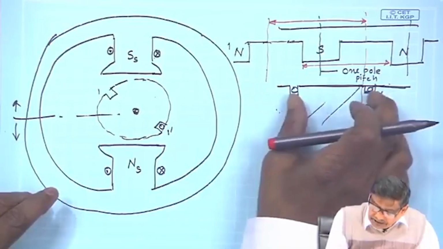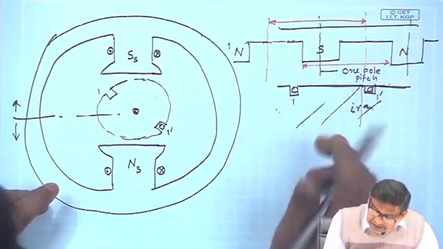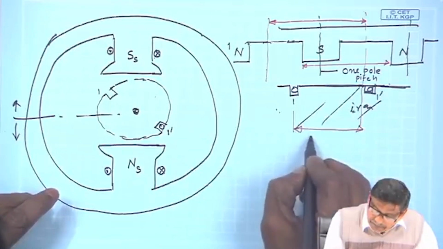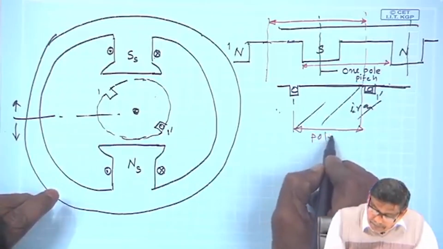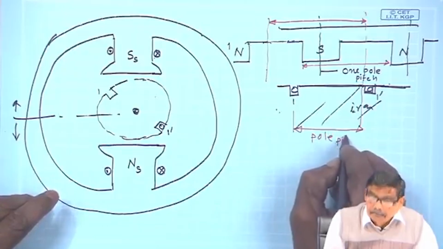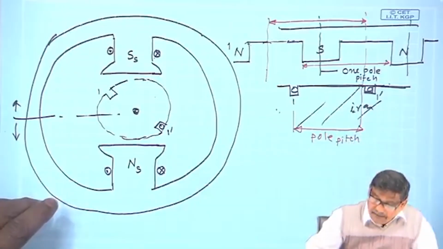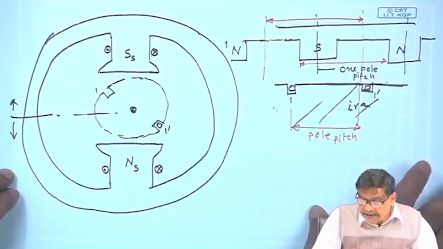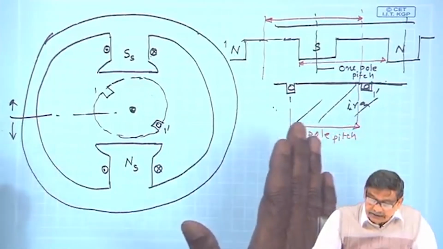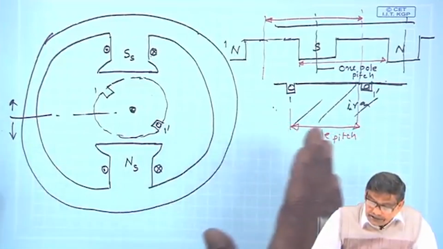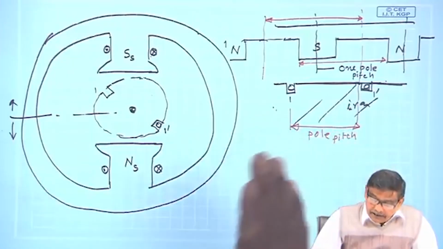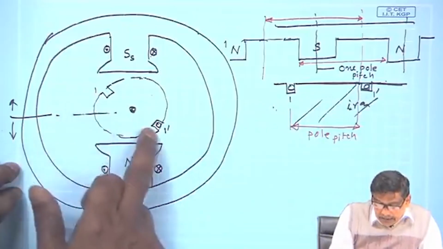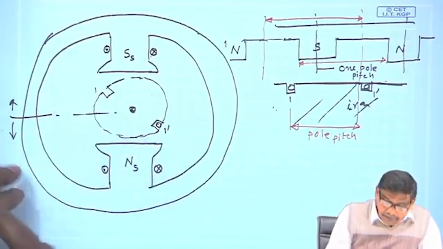As it moves, if it is centered here, this is also one pole pitch. The reason for placing the two coil sides one pole pitch apart I have explained earlier, and that's why I have put them diametrically opposite.